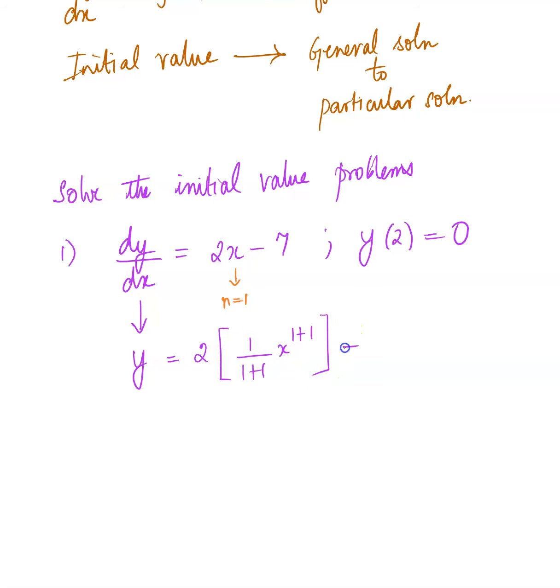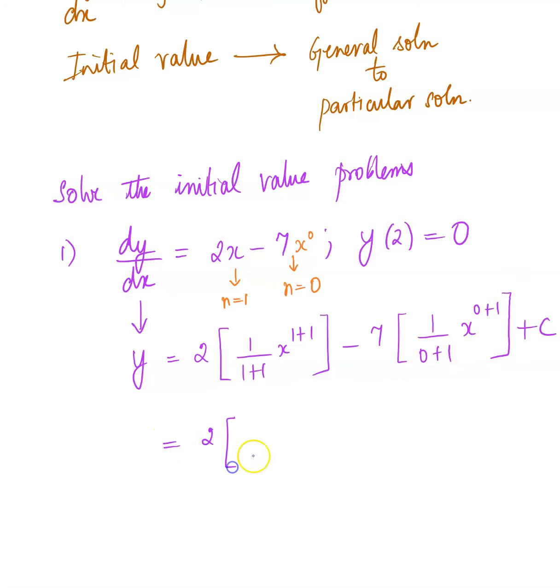I pulled out the constant, right? Then the 7, and here it's as if your n was 0. So if you think of n as 0 here, it's x power 0. Think of it like that. It will be 1 over 0 plus 1, x power 0 plus 1, plus the c.